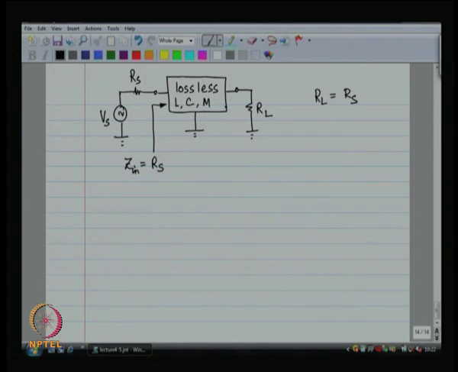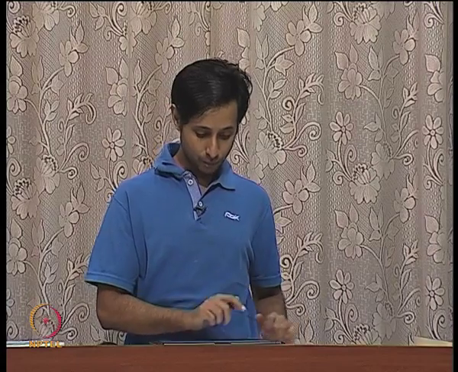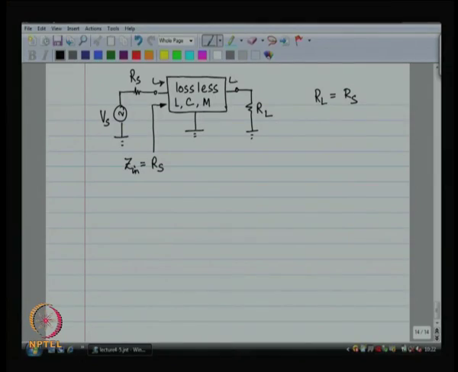Then I will get maximum power going into this lossless network. Now, this network is made out of components that do not consume any power, so all of that power is delivered to the load.